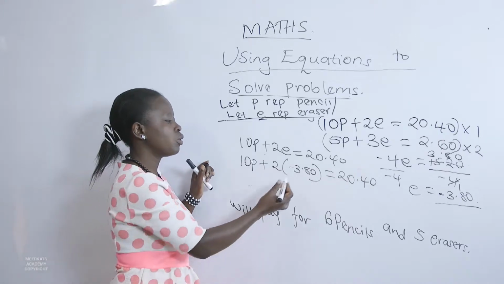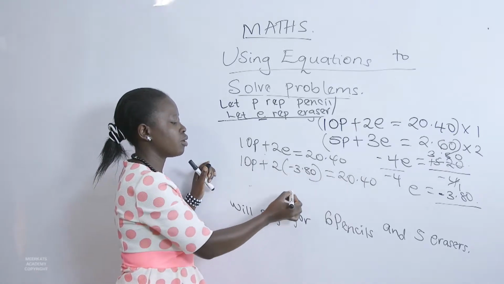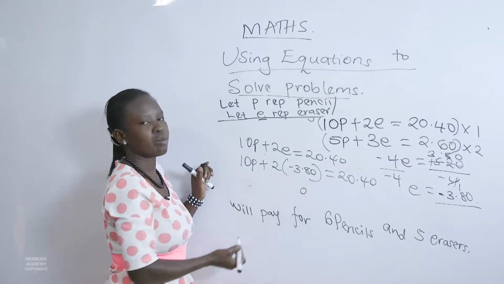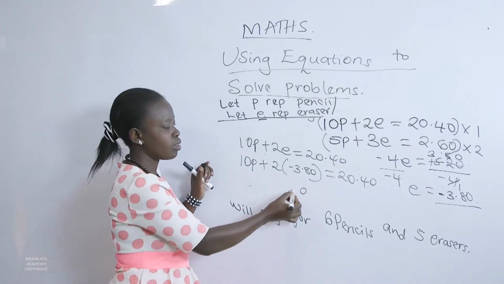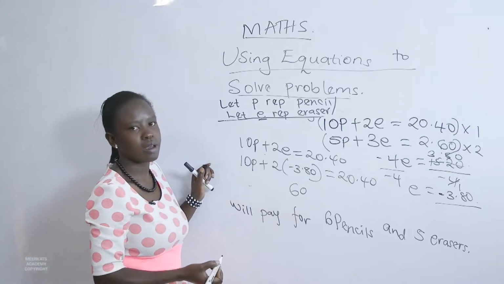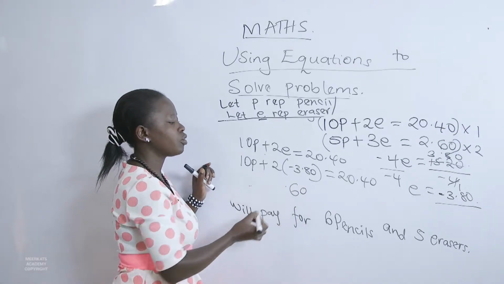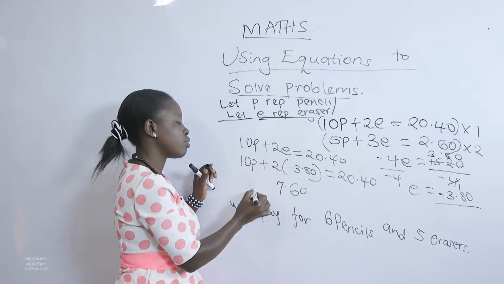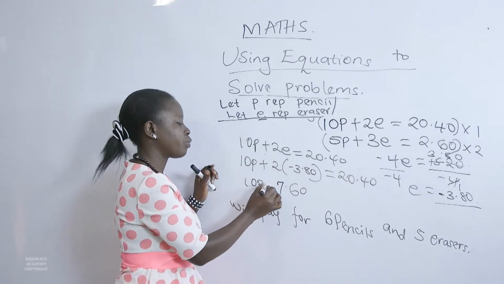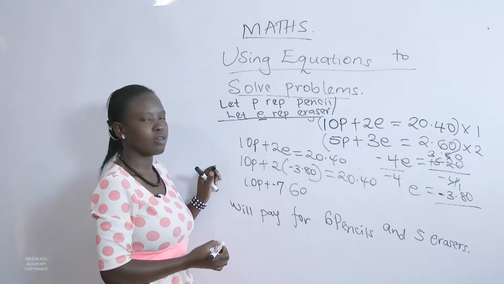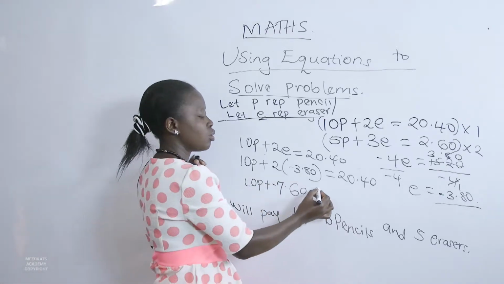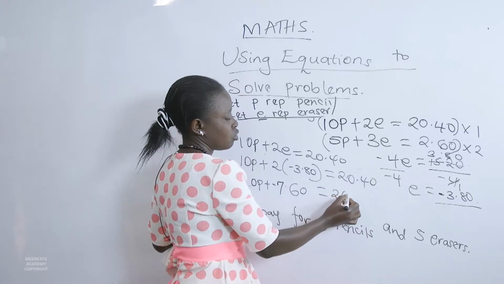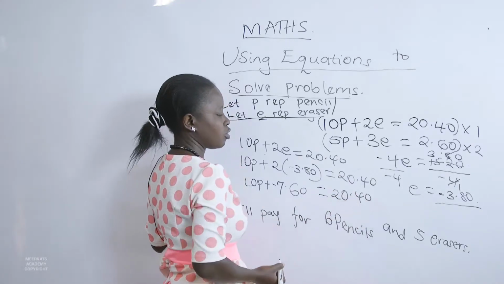Simplifying our equation, 2 times 8 we have 16, so write 6, carry 1. 2 times 3 is 6, plus 1, we have 7. So 10p, minus 7.60, will be equal to 20.40.